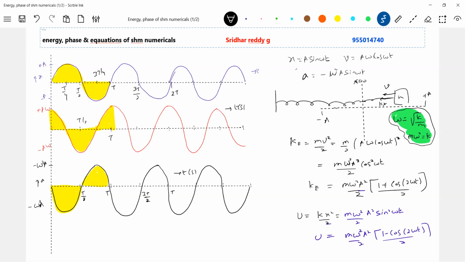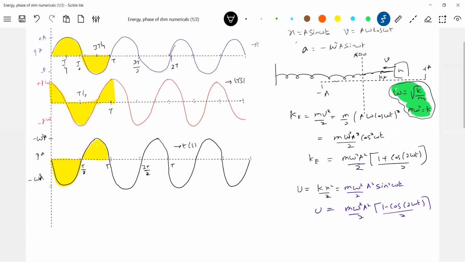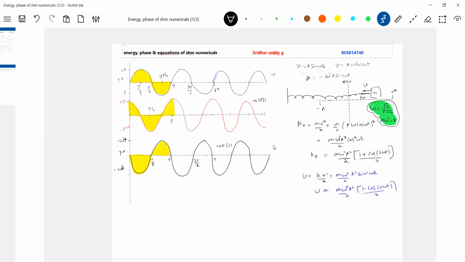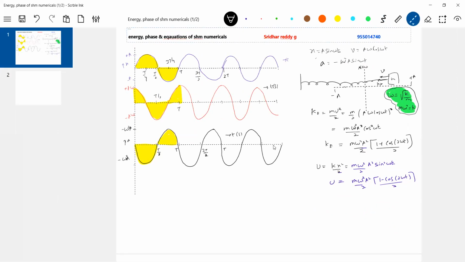Okay, we have to plot both kinetic energy as well as potential energy. Okay, let me take the graph now. This is energy as a function of time. We are trying to plot it here. Okay, what all we have? This is T. This is 2T, no? Okay, let me write all this.